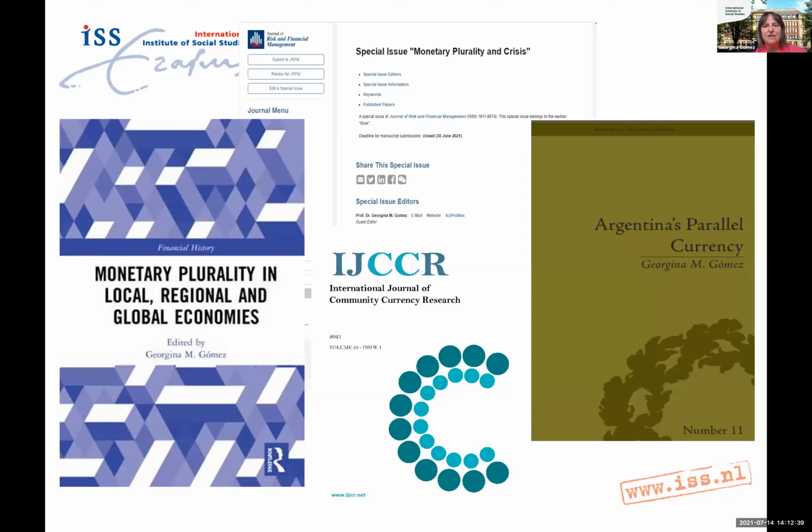I put here some pictures of my last book, this one on monetary plurality, that I have just heard Mike has actually read. And in the middle, you see the journal that I'm part of the editorial board of, the International Journal of Community Currency Research. We are in volume 23 at the moment.